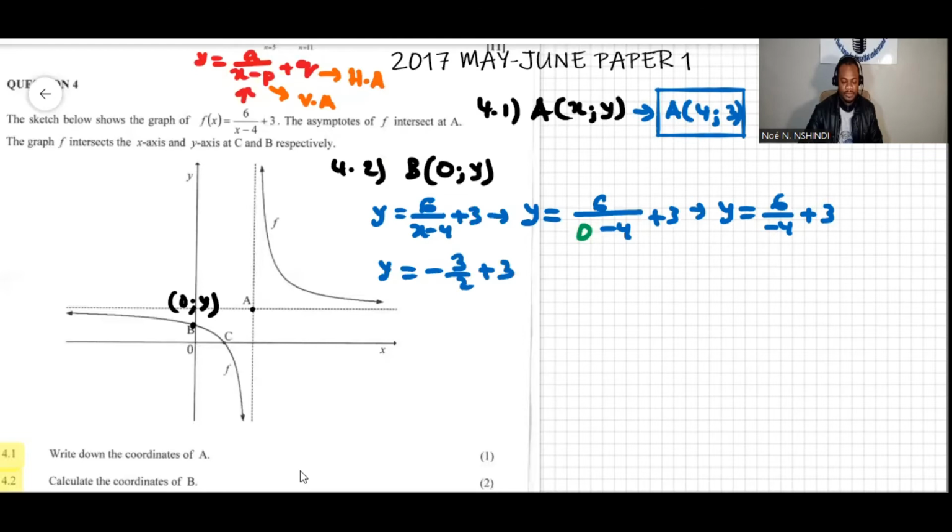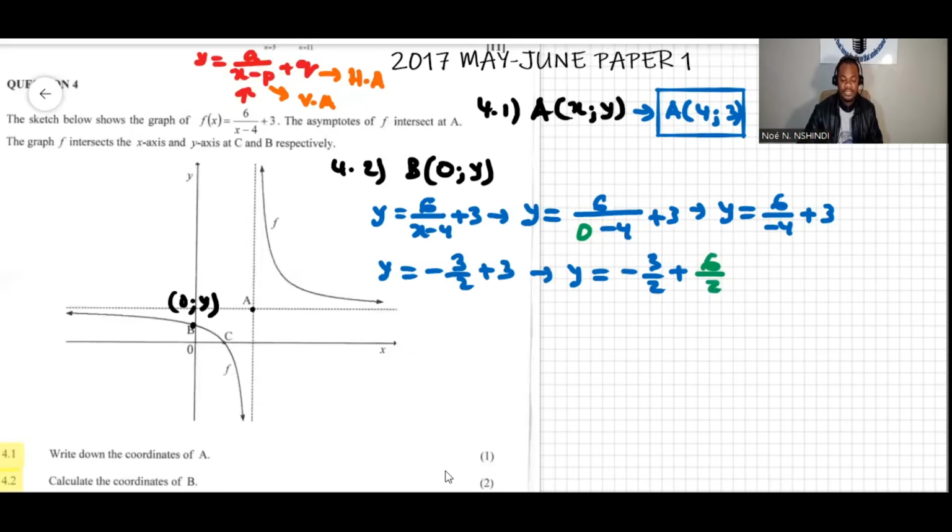We can write 3 as 6 over 2, because 6 over 2 is just 3.